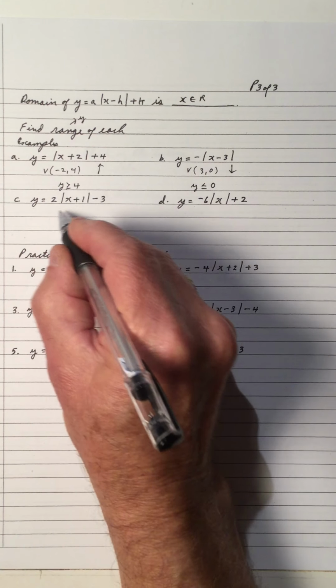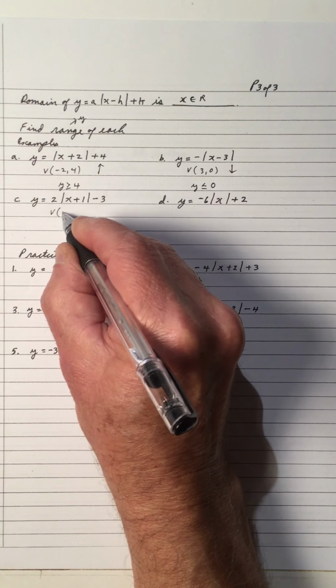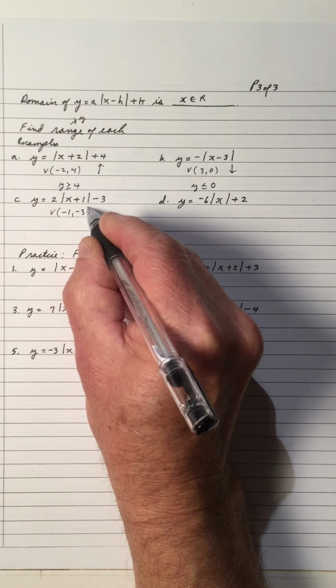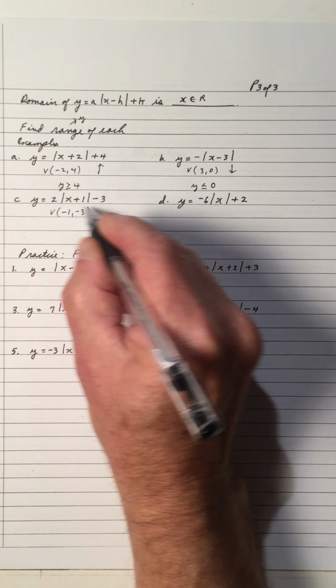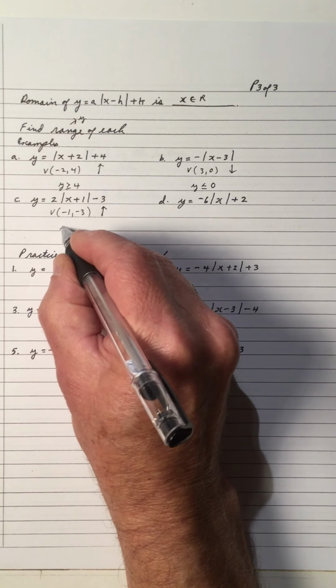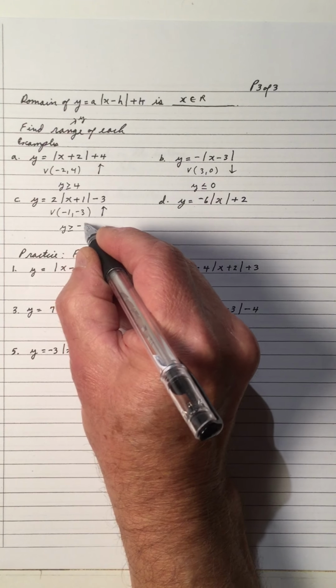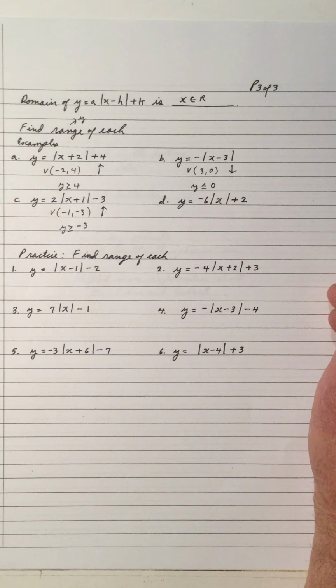And C, the vertex of this absolute value equation is negative 1, negative 3. A is positive, so the absolute value graph opens up, so the range is y is greater than or equal to the y value of the vertex, which is negative 3.